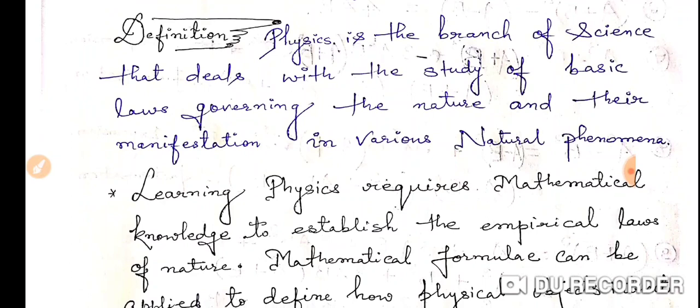Learning physics requires mathematical knowledge to establish the empirical laws of nature. Since laws of nature cannot be established in few words only, they are associated with some mathematical calculations and interrelationship between the different variables that are often used.